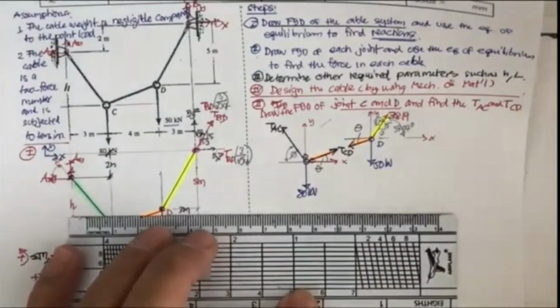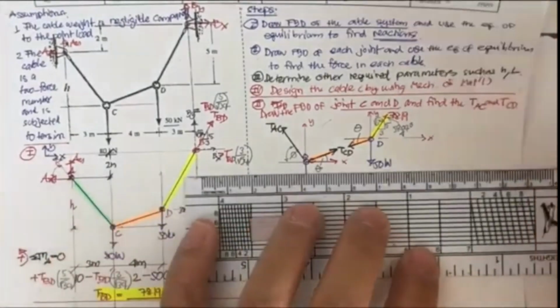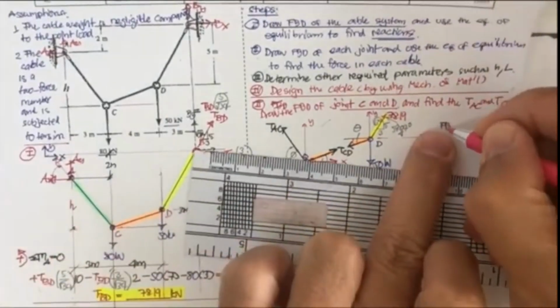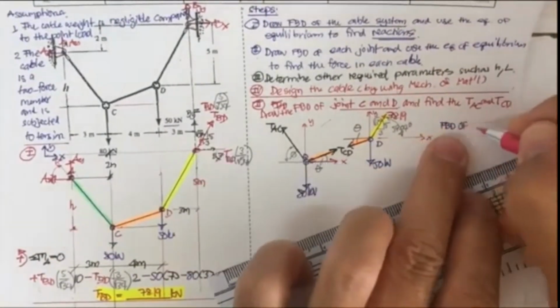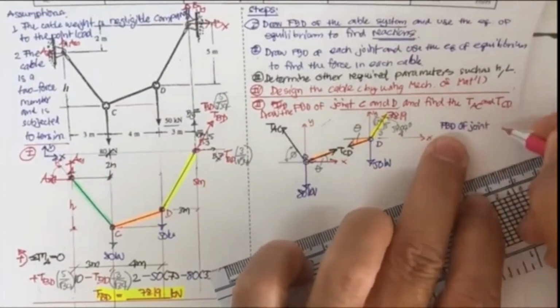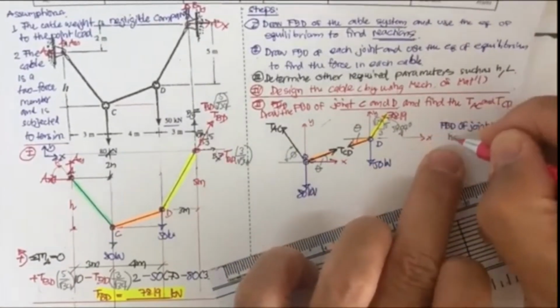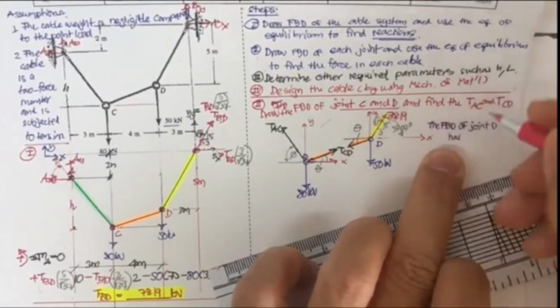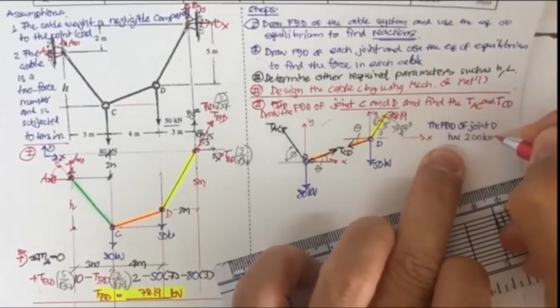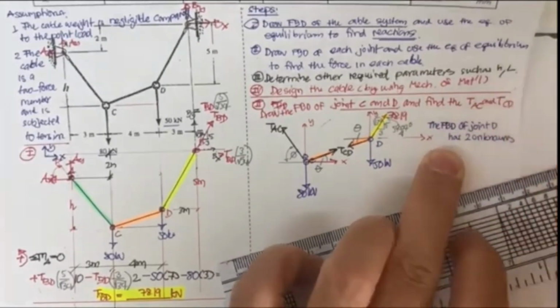And if you consider these two free body diagrams, you may see the free body diagram of joint D has two unknowns.